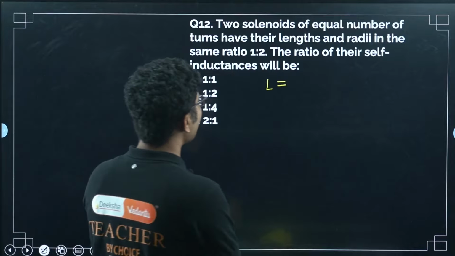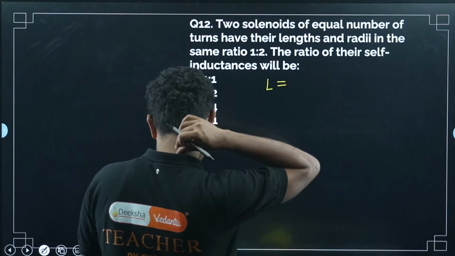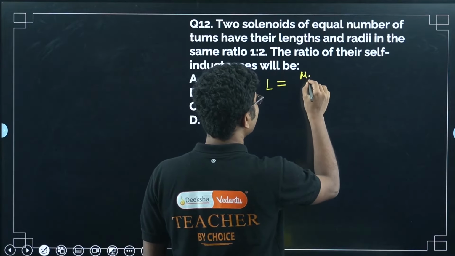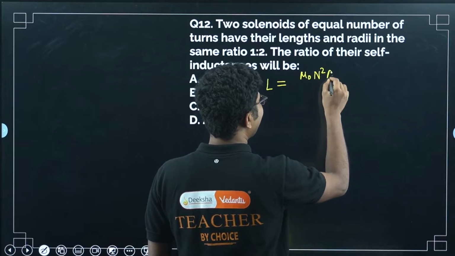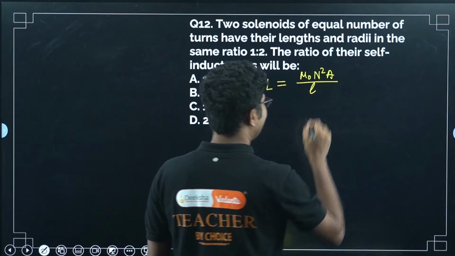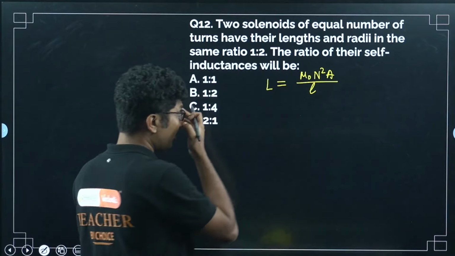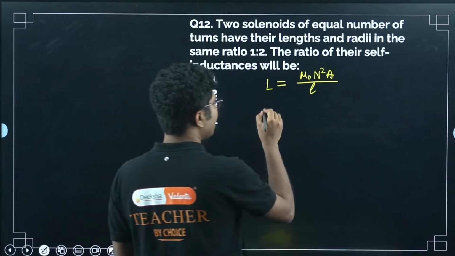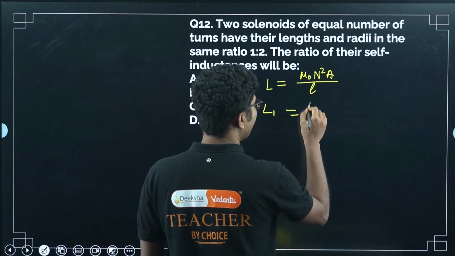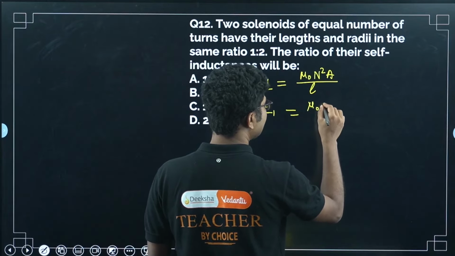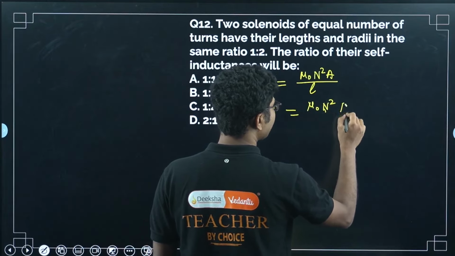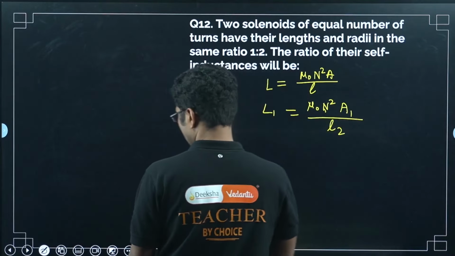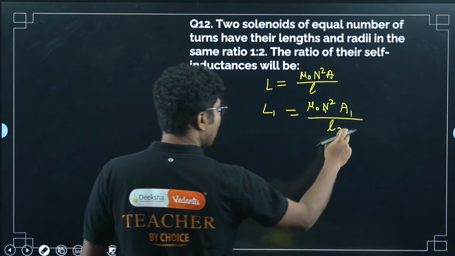Self-inductance is mu naught n square A by length L. Now we can write this as, for suppose the first coil is L1, mu naught is constant, same number of turns it is mentioned, so n square is constant also, area say A1, length say L1.